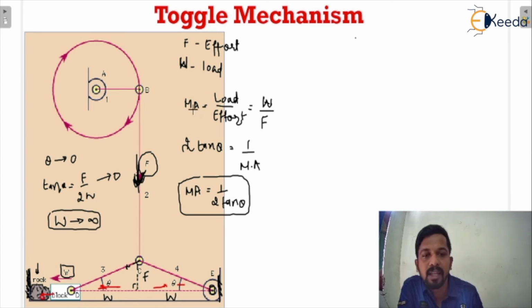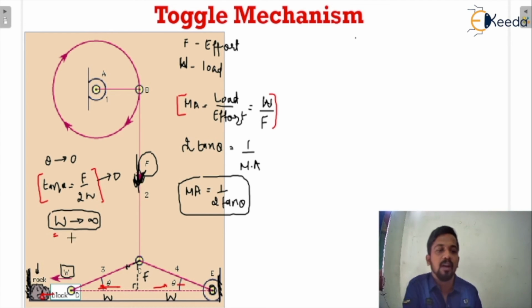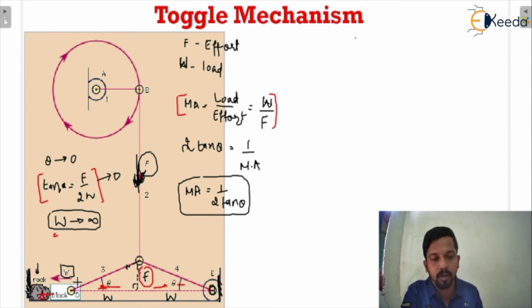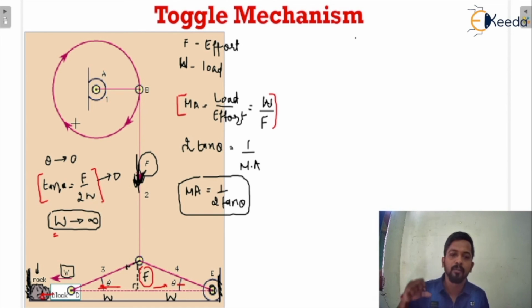Here we saw the formula mechanical advantage is equal to W upon F, and we have seen the tan theta formula. From this formula we get that the load is equal to infinite. So if you apply a small effort, you will get a large amount of output in order to break the rock wall. That is the importance of the toggle mechanism: you apply a small amount of effort and you get a large amount of load to break anything.